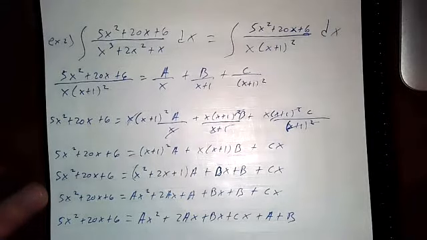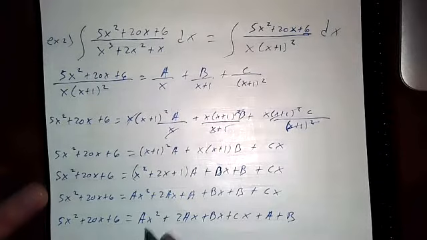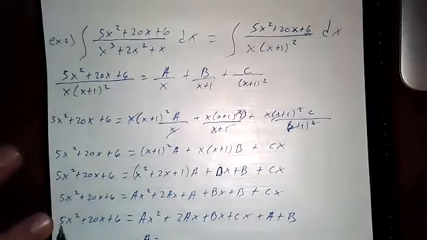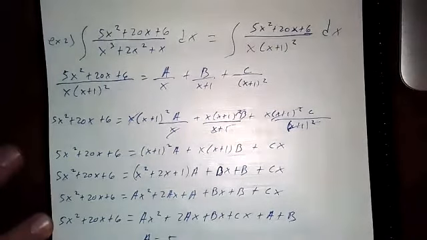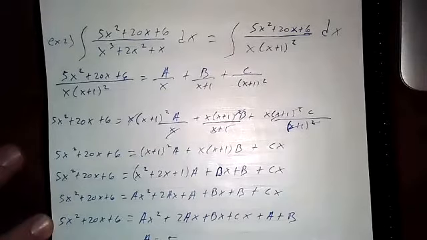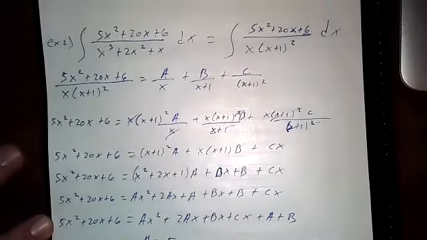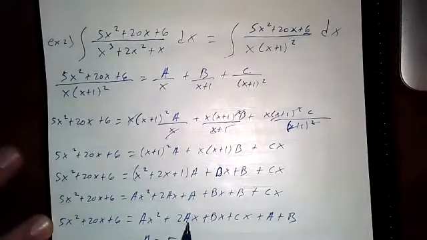So here we go. There's only one x squared term, so a will equal the coefficient of the quadratic. So that's your first equation. Now all the x terms, 2a plus b plus c, is equal to 20, because that's equal to the coefficient of the x. Right, that's where this comes from.